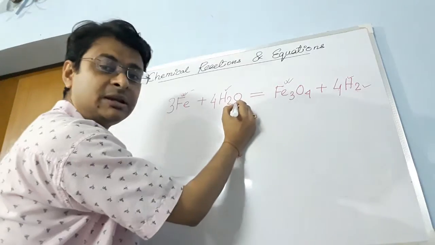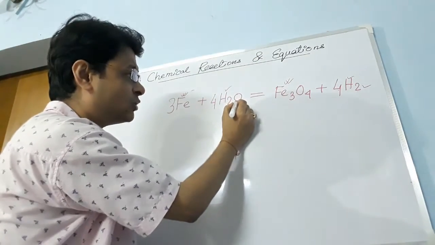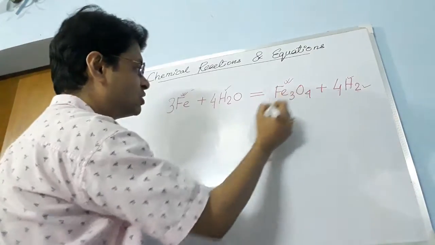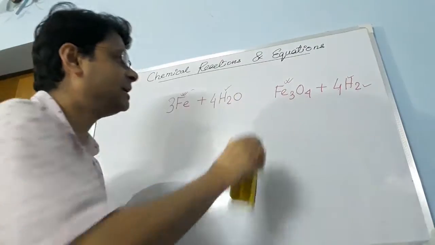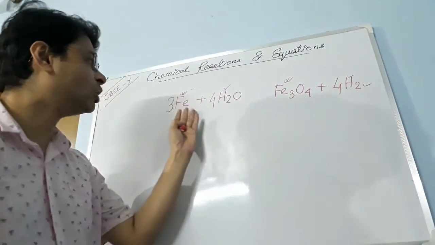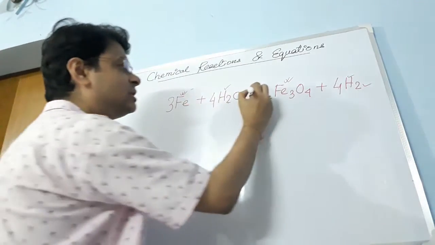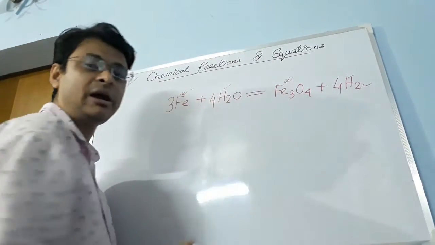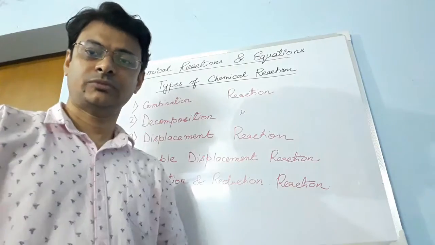How many oxygen are there in the left hand side? 4 into 1 is 4. This side also 4. So we say in the left hand side and the right hand side, all the atoms are exactly equal. So we give an equal to sign as per the law of conservation of mass.